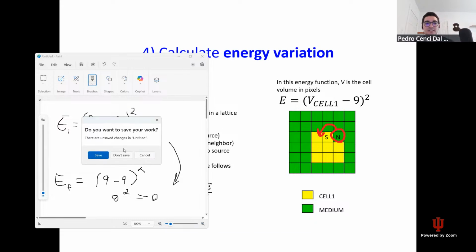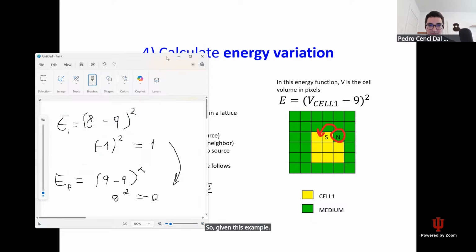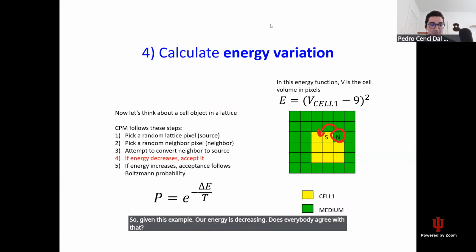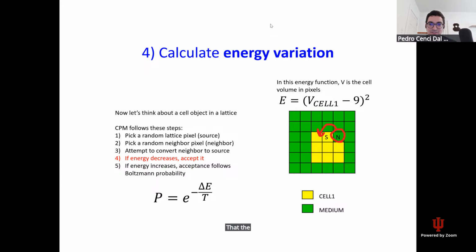So given this example, our energy is decreasing. Does everybody agree with that? That the energy is decreasing if we make the neighbor pixel part of cell 1? Please type in the chat if you are not following, because this is important.